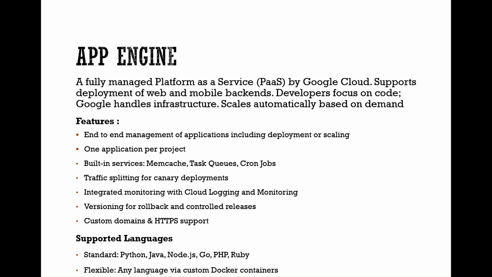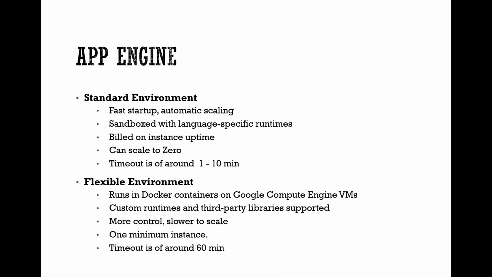Now let's come to the next point, what these two types of App Engine are. The first one is the standard environment, and the second one is the flexible environment. The standard environment is very fast. It provides automatic scaling, so you don't have to worry about doing scaling on your own; it's inbuilt.